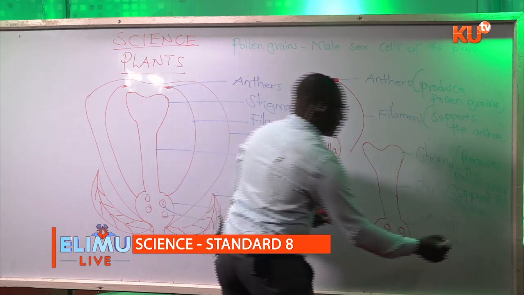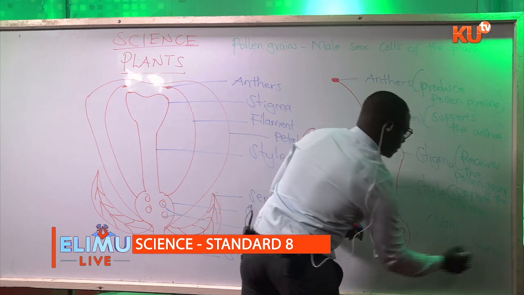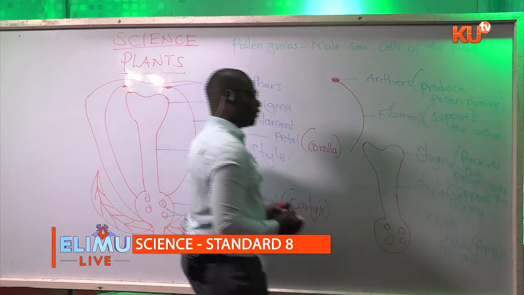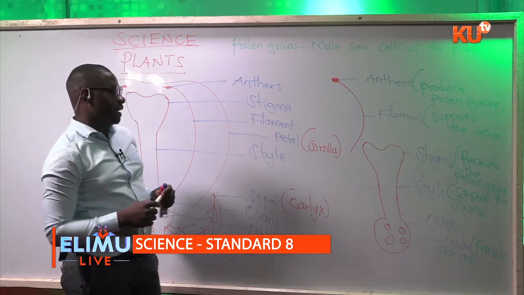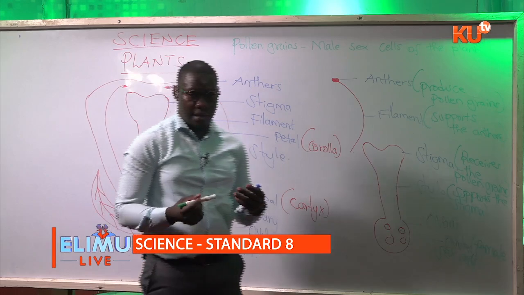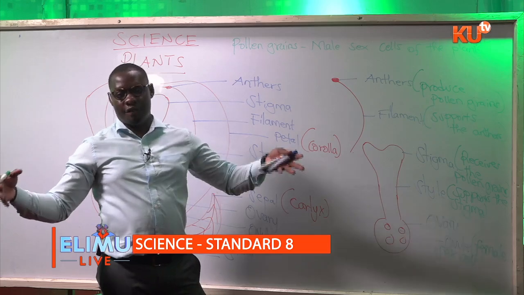Now, the ovules form the female sex cells. The ovules represent the female sex cells. So for fertilization to take place, there must be that fusion of the male on one side, the female on one side.